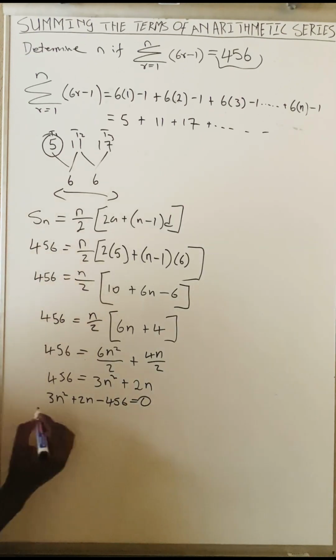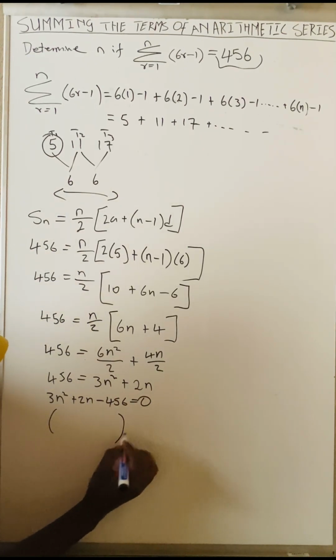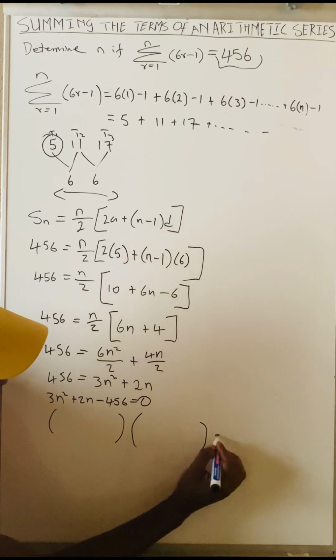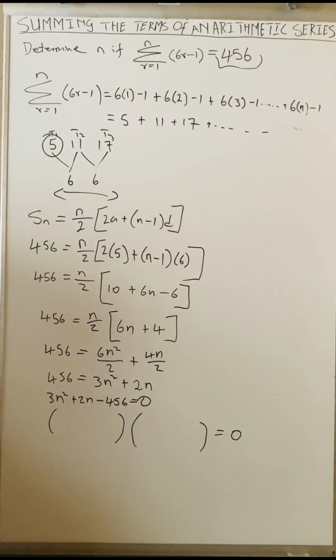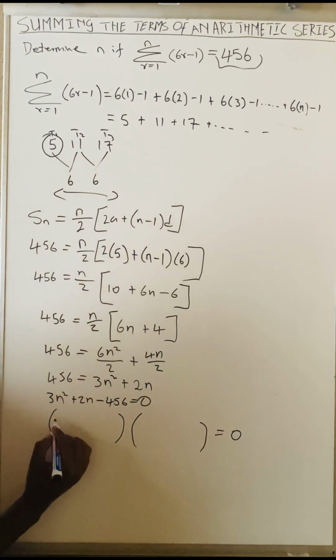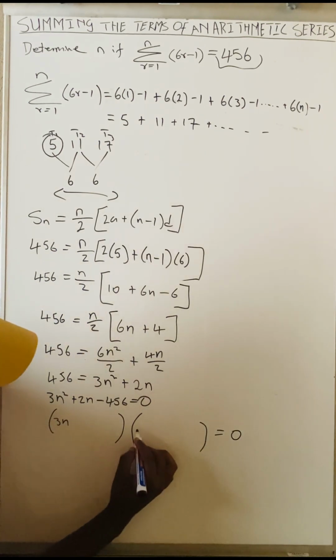From here, you factorize. You will need the factors. Firstly, you write 3n and n.